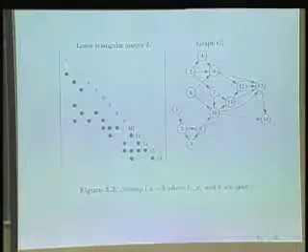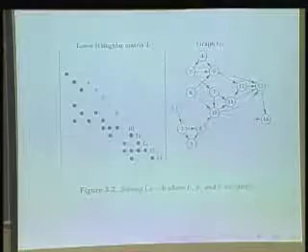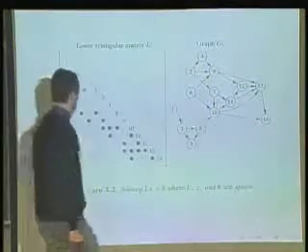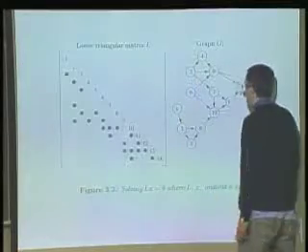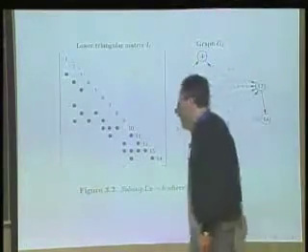No, this is not what I want. I want this picture. Here we go. So let's suppose that B4 and B6 are non-zero.